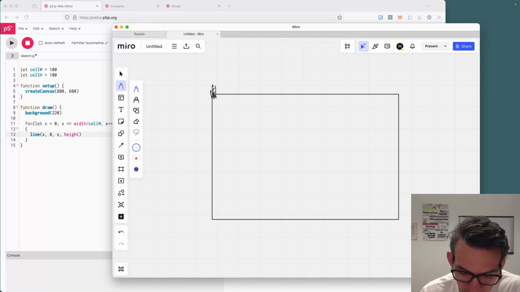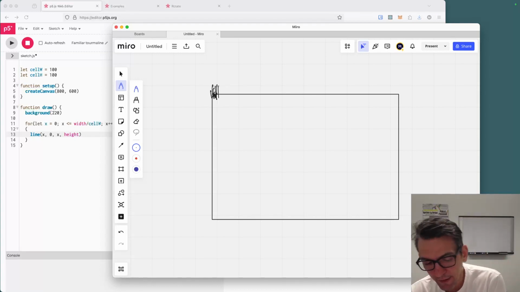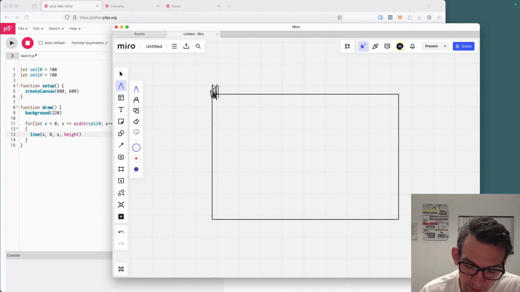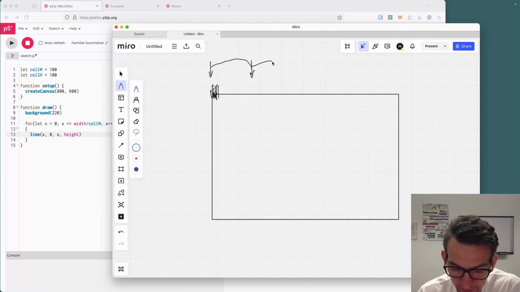And then it's going to be another one right next to it. And so I'm going to draw 8 lines right next to each other. So instead, I need to separate those lines by the width of my cell, so that the first x is going to be here, and then it's going to go to the next one, but it's going to include the width of the entire cell, and then again, right?